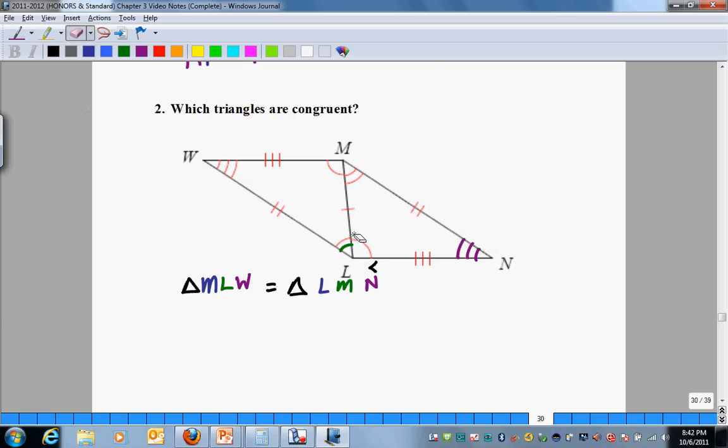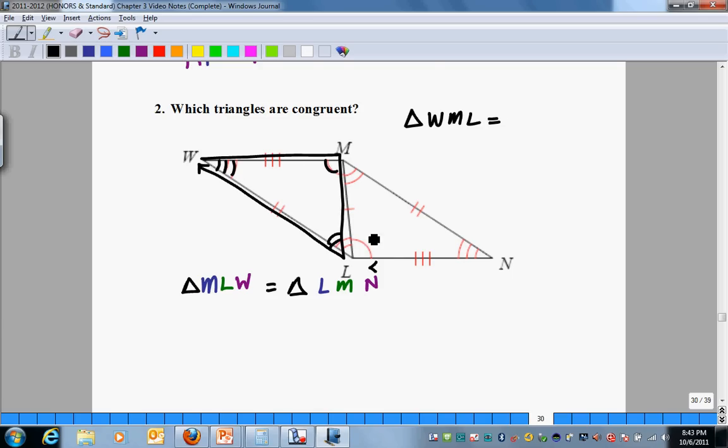Let's try another variation here. I'll do one side, you do the other. I'm going to go triangle W, M, L. Notice the order there. W, M, L. I'm going triple, single, double. You do the match.